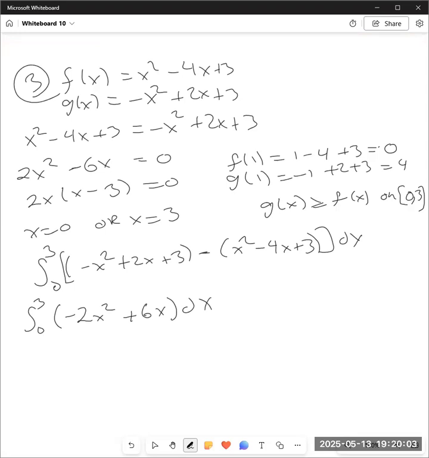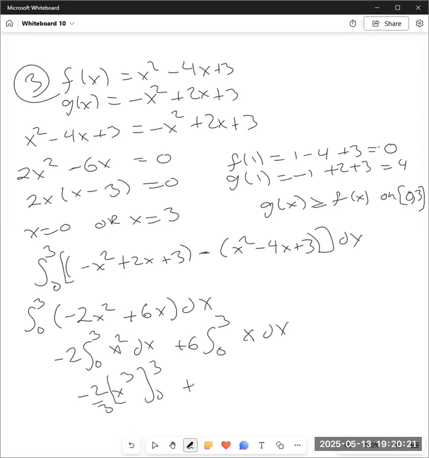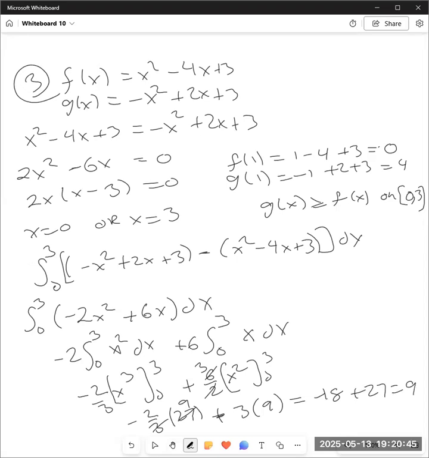So we should have negative 2 times the integral from 0 to 3 of x squared dx plus 6 times the integral from 0 to 3 of x dx, which is going to give me negative 2/3 x cubed from 0 to 3 plus 6/2 x squared from 0 to 3. This is 3, so negative 2/3 of 27 plus 3 times 9 is negative 18 plus 27 is 9.